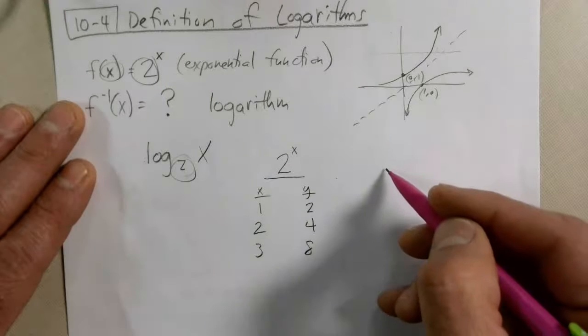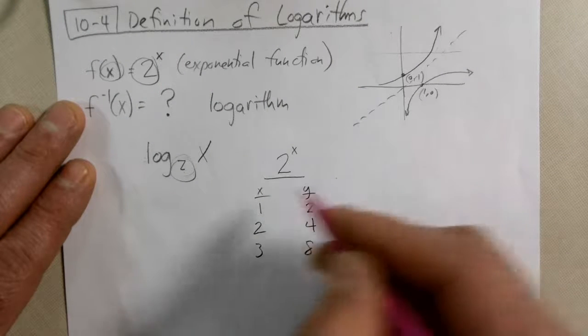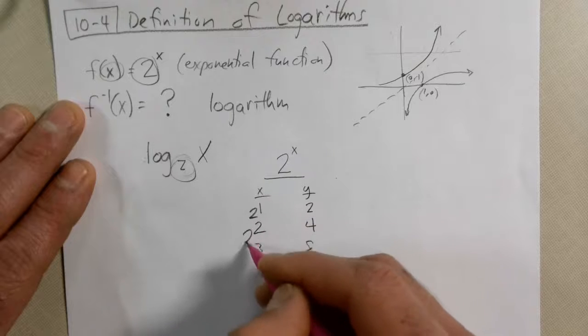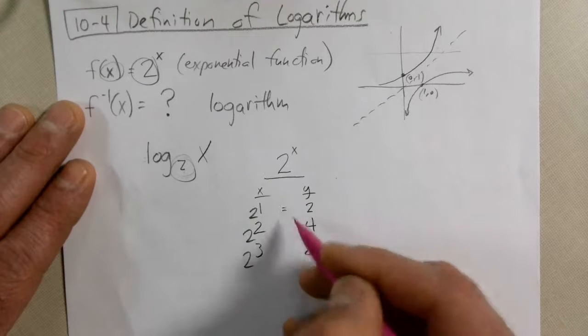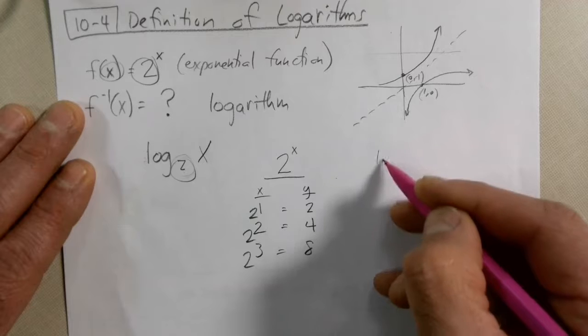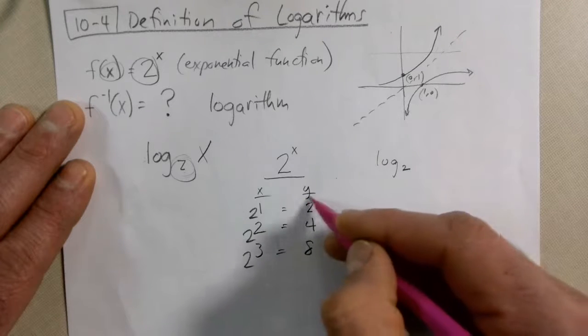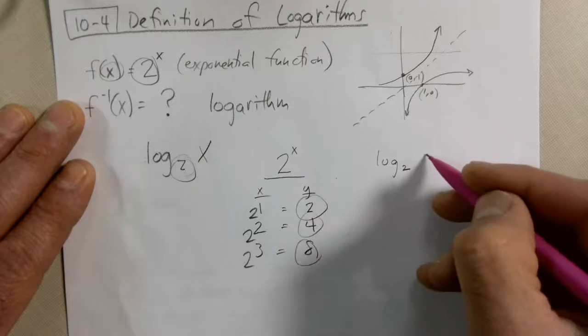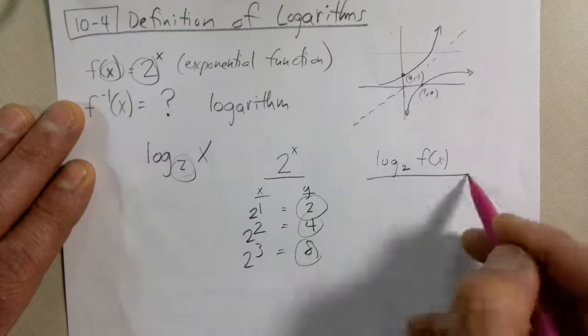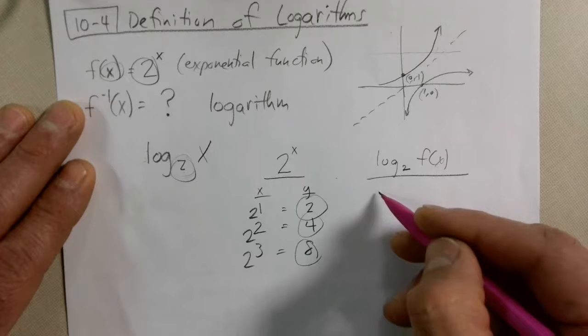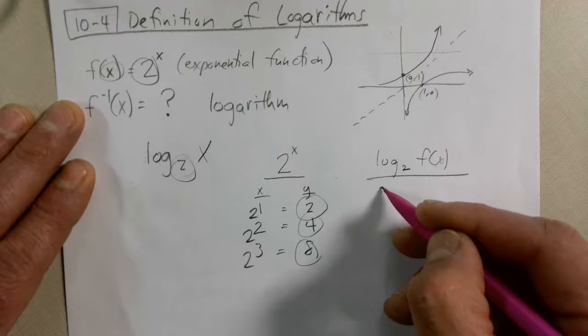Now, how does it work with a logarithm? If I have 2 to the first power, 2 to the second power, 2 to the third power, then I get those numbers. In this one, I'm going to take the log base 2 of f of x, and it'll undo it.